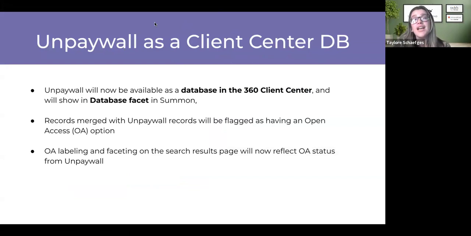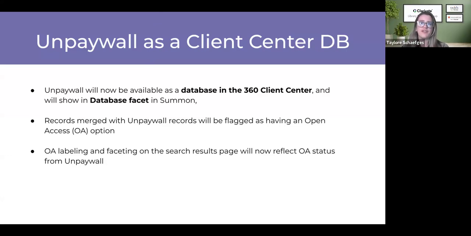The next feature I wanted to talk about and highlight is Summon's new integration with Unpaywall. With this new integration, you now have the ability to activate Unpaywall open access content as a database within the Client Center.